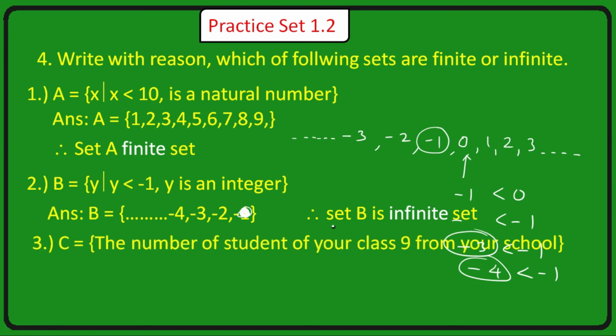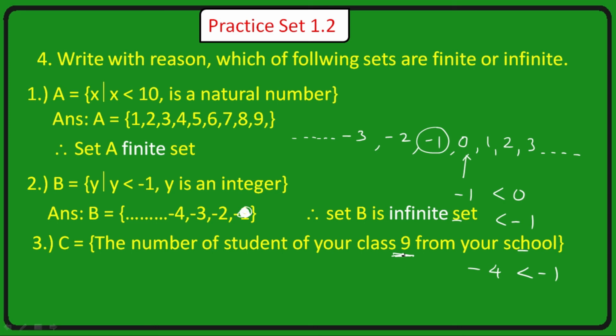Third example, the set C is the set of the number of students of your class 9 from your school. If we start counting the students from class 9, then the counting comes to an end after some time. In some schools there may be 50 students, in some 100, in some more than 100.